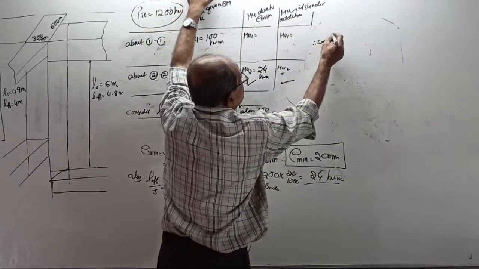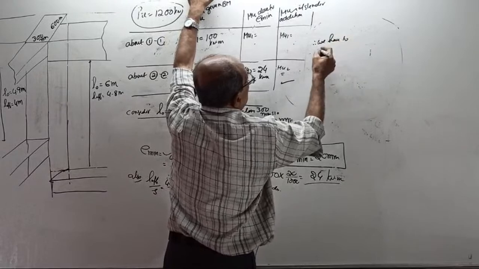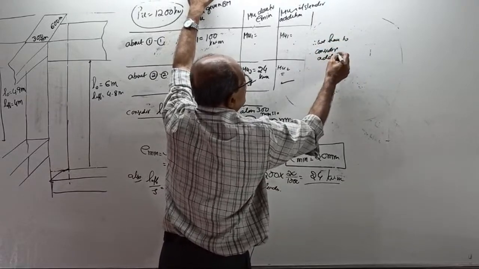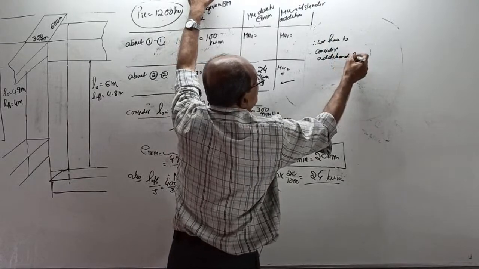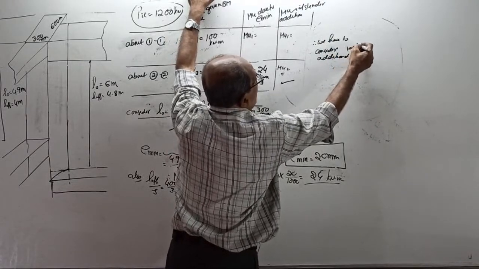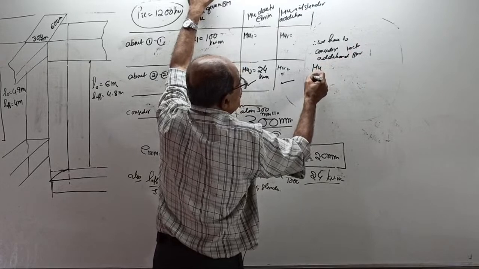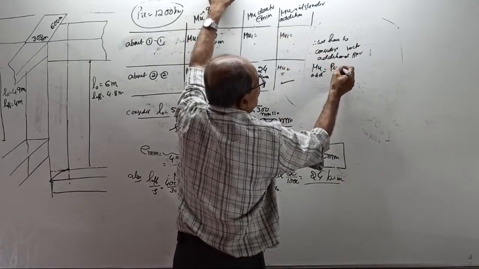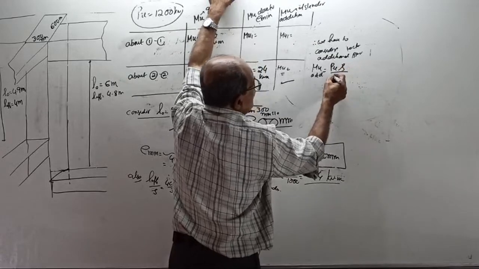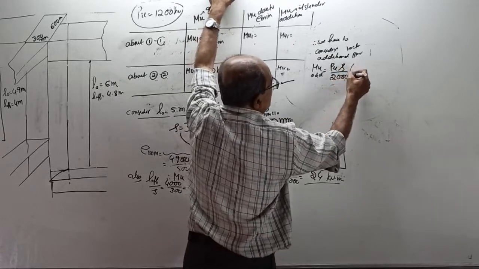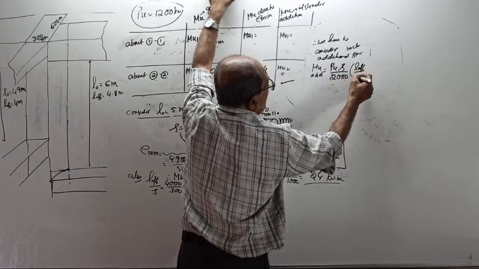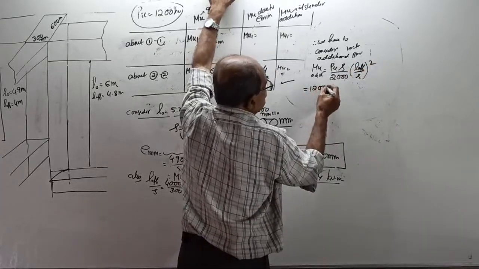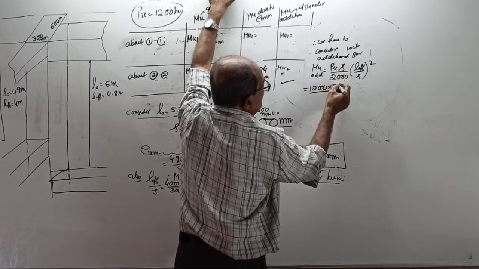We have to consider additional BM, factored BM, that is Mu additional equal to Pu into S divided by 2000 into L effective by S whole square, equal to 1200 into S is 0.3.